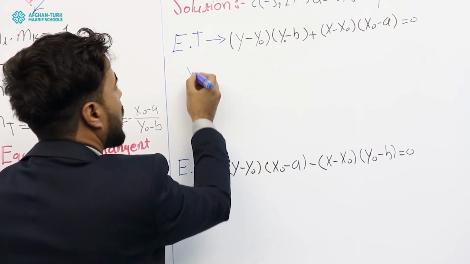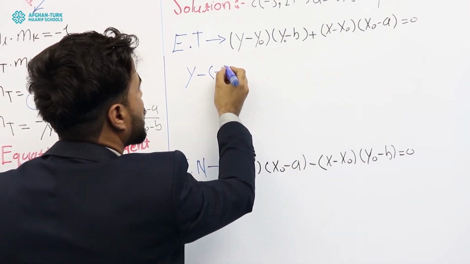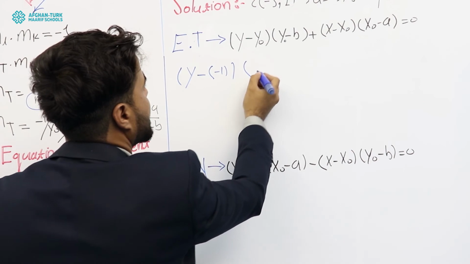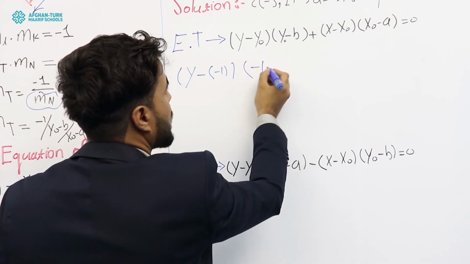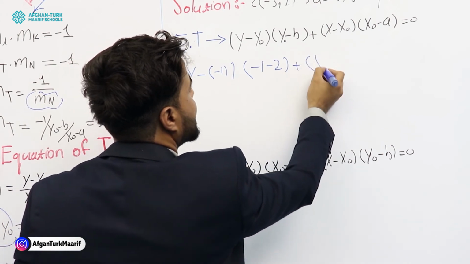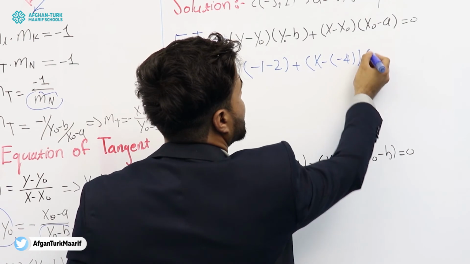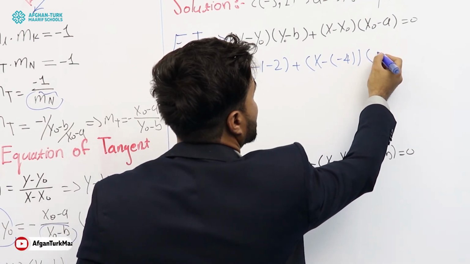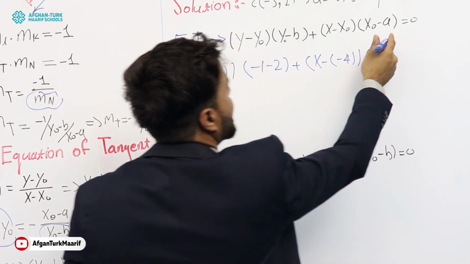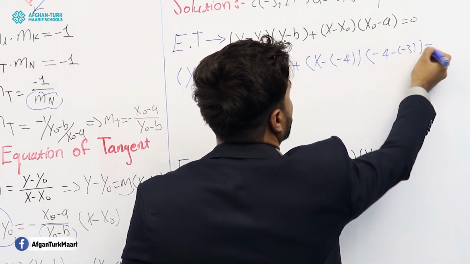So in here we have y minus y0. y0 is equal to minus 1, times y0 which is equal to minus 1, minus b, b is equal to 2, plus x minus x0, x0 is equal to minus 4, times x0 which is equal to minus 4, and minus a, a is equal to 3, minus 3 is equal to 0.